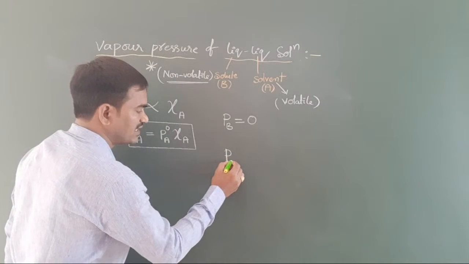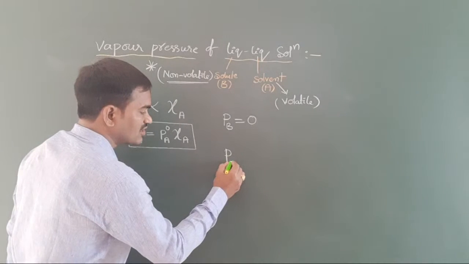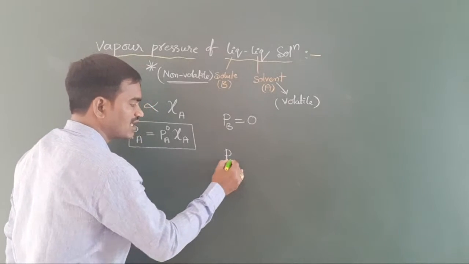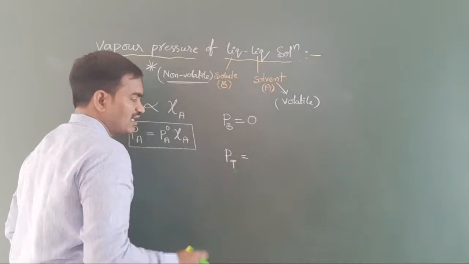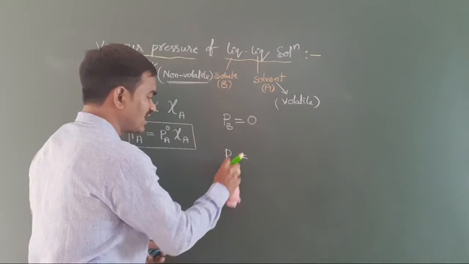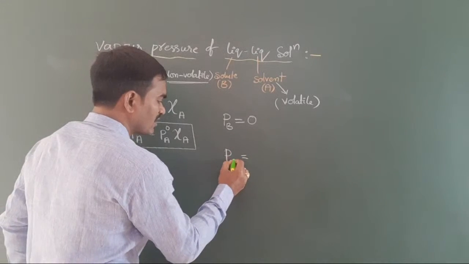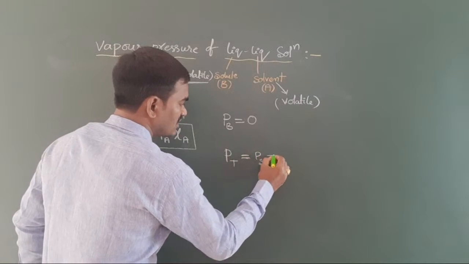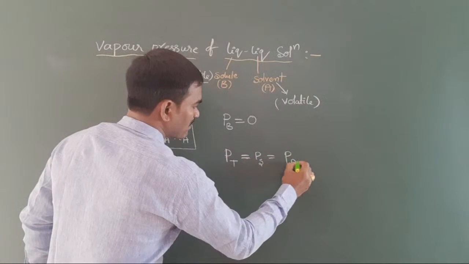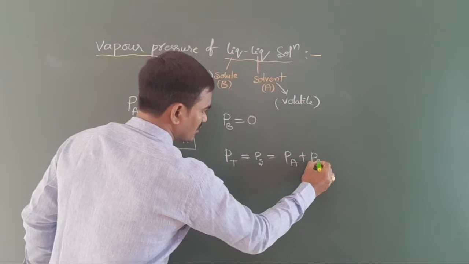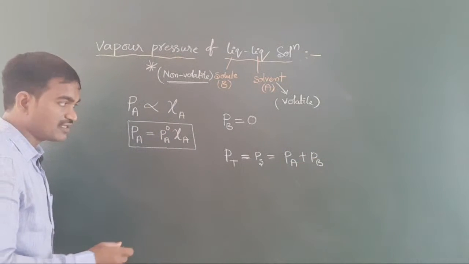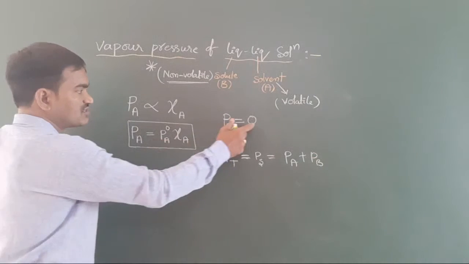According to Dalton's law, which you already learned in the last class, total pressure is equal to P_A plus P_B. Now we just substitute these values.